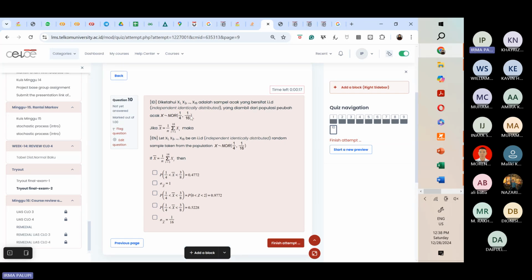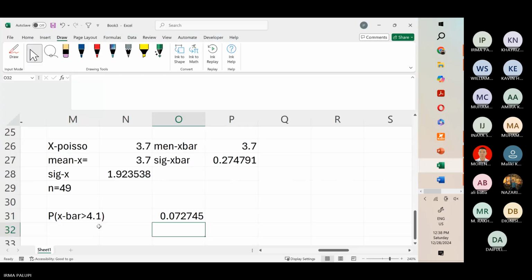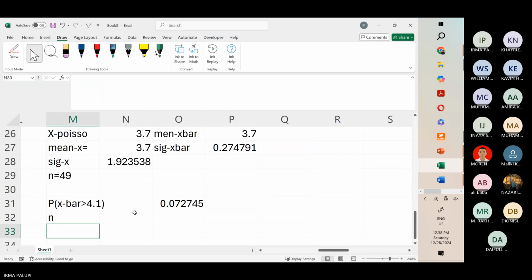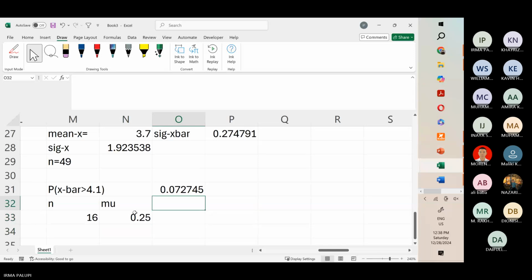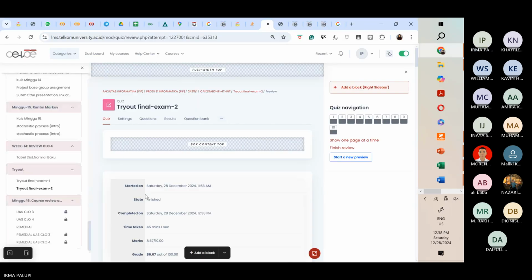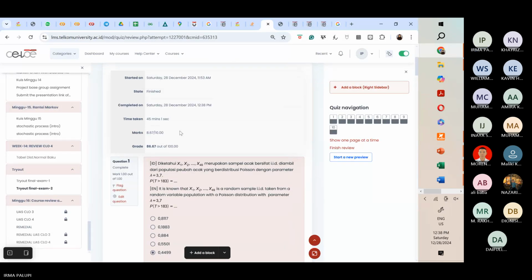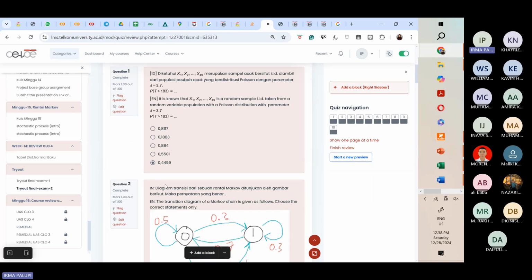Oh no, sorry. Sigma X is times the sum. X is correct.